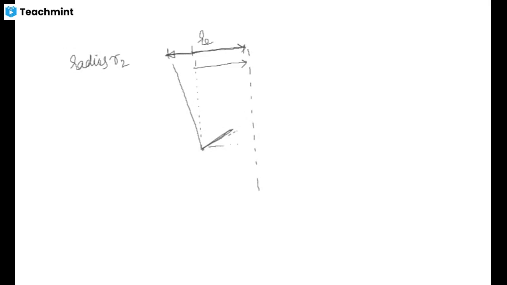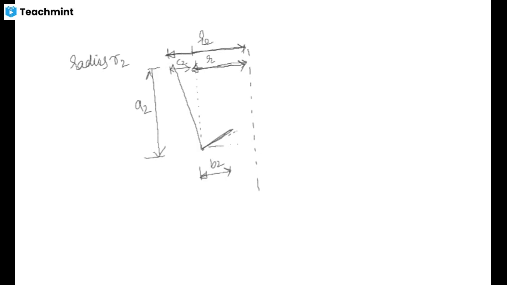Now let us consider a mean radius r, or the mean position of the bell crank lever. Now this vertical distance is a2, this horizontal distance is b2, and this distance is c2.